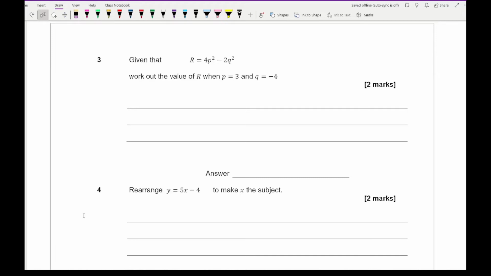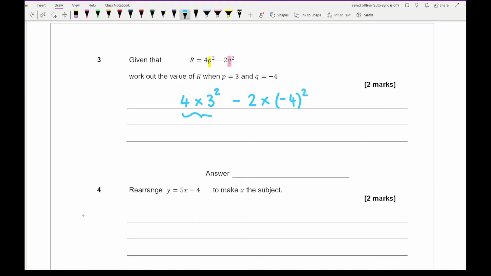Moving on to question 3, it says given that r equals 4p squared minus 2q squared, work out the value of r when p equals 3 and q equals minus 4. So what we're doing here is just remembering the BIDMAS, and we're using those values instead. So what this is going to equal, it's going to be 4 times p, which is 3 squared, minus 2 times minus 4 squared.